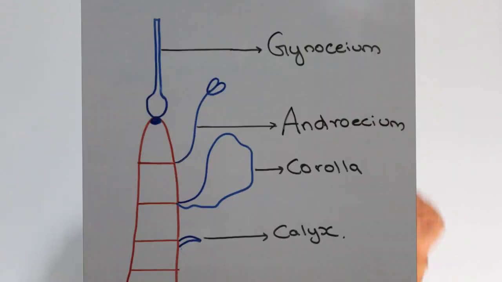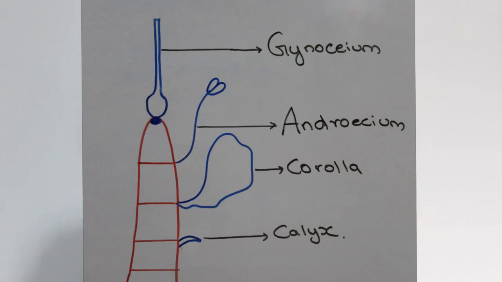We have a statement: a flower is a modified shoot. We know that an ordinary shoot is an axial stem with multiple nodes and internodes. In a shoot, at the top we have the meristematic tissue, which is called the apical meristem. From the apical meristem there arises the female reproductive unit, that is the gynoecium.